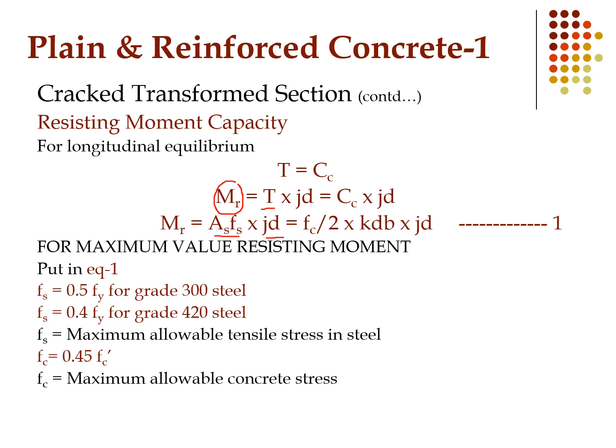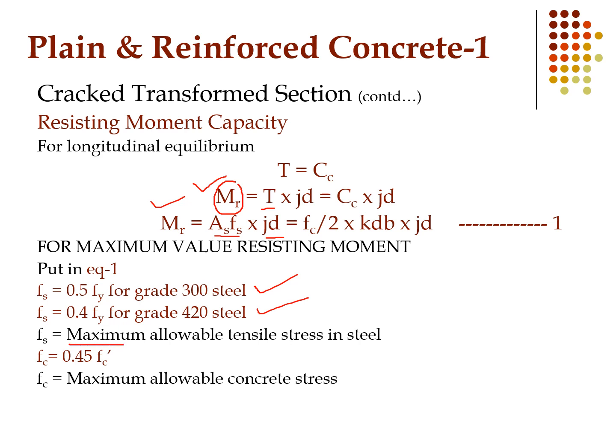The maximum value of resisting moment is this one. If we want to find out the flexural capacity, we need to use that equation. It is the internal resistive moment capacity. fs is 0.5 fy for grade 300 steel. fs is 0.4 fy for grade 420.